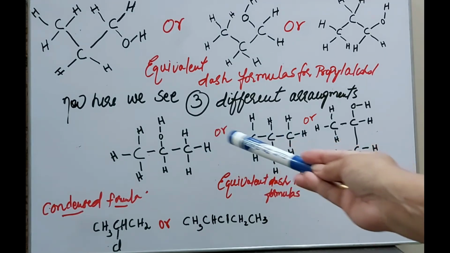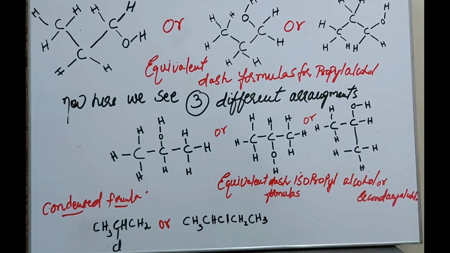These are the constitutional isomers of propyl alcohol, having different connectivity and different structural formulas. Here atoms are linked with one another in a different order. The OH group is attached to the central carbon atom, but the order is different.